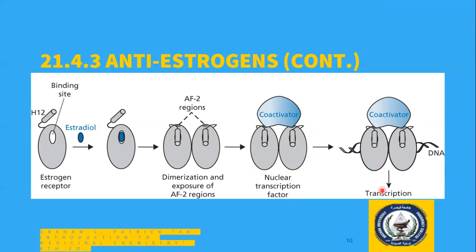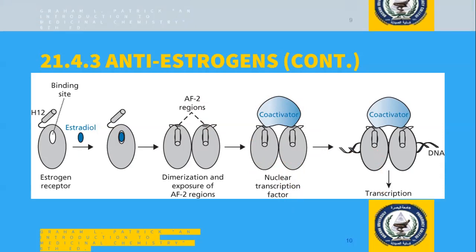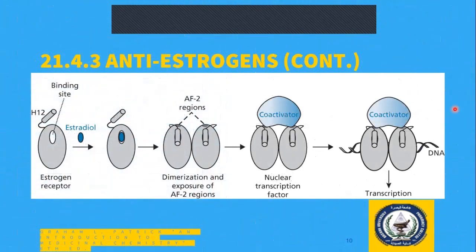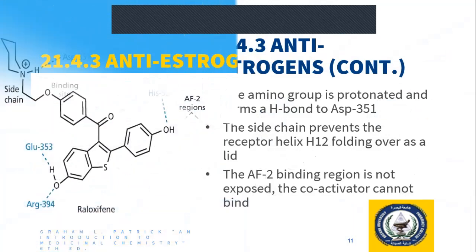So what do the anti-estrogens do? As you saw from the structure, this resembles the steroidal nucleus, and this is the side arm. So what will happen? The steroidal nucleus will interact with the binding site, just like the estrogen itself.